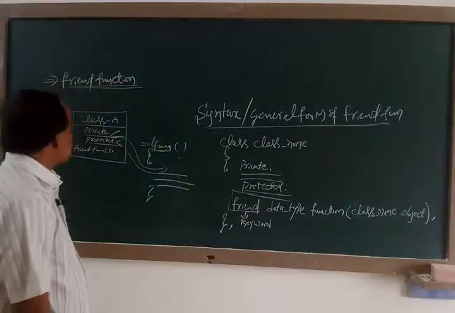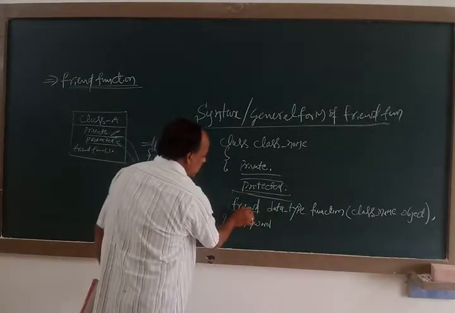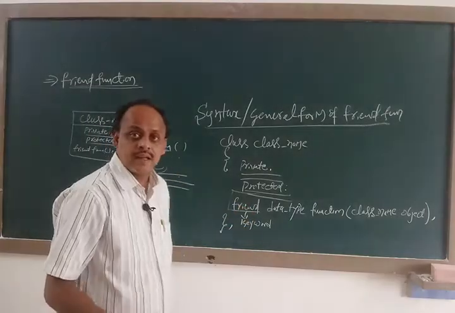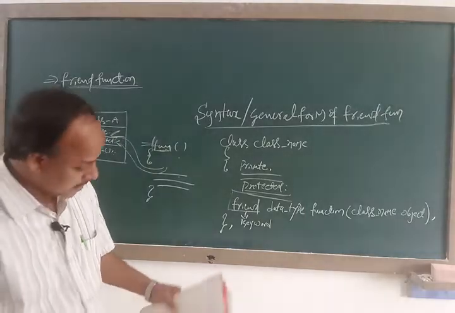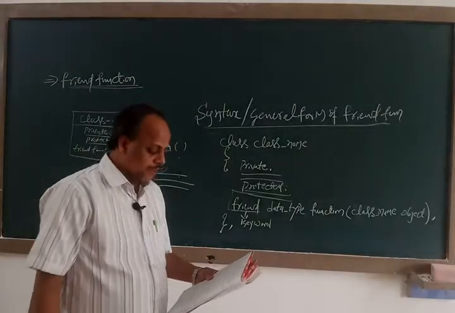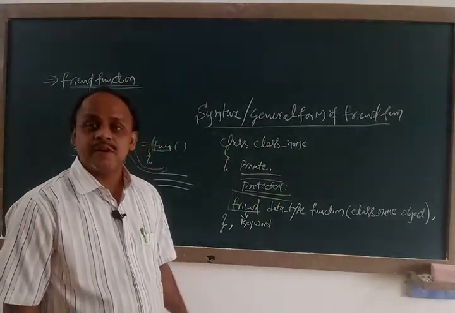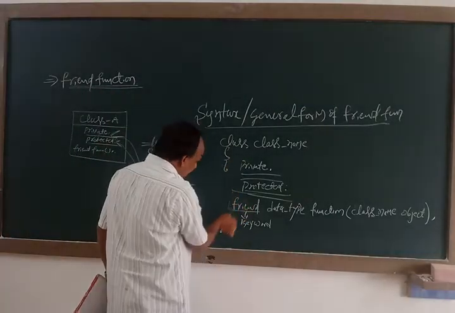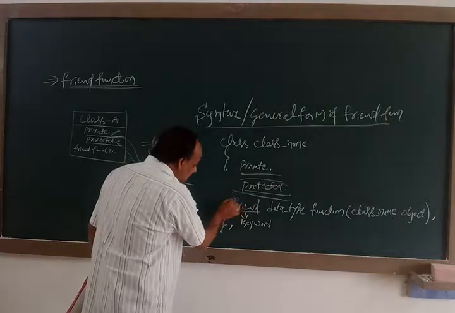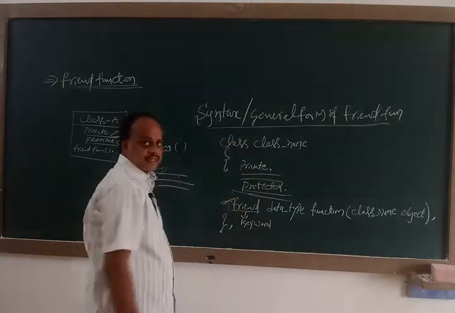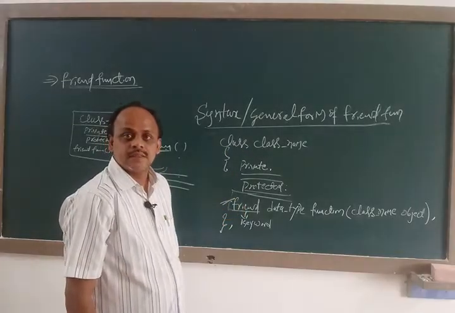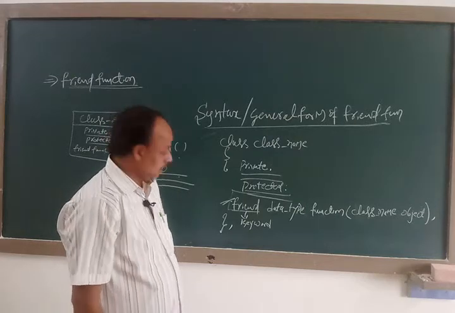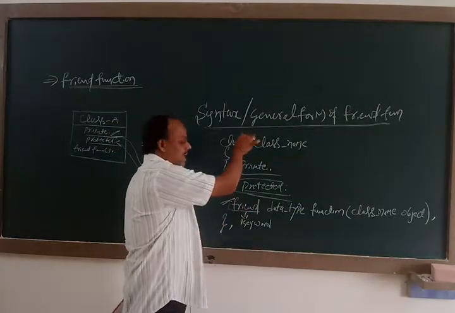We are going to declare a friend function within the class only, but it is not a member function of a class. It is just a friend to the class.